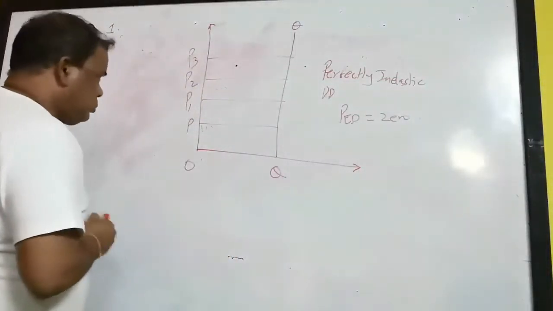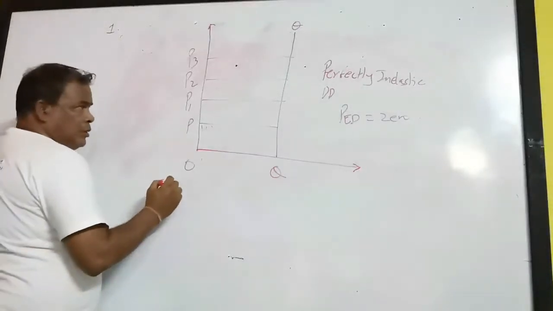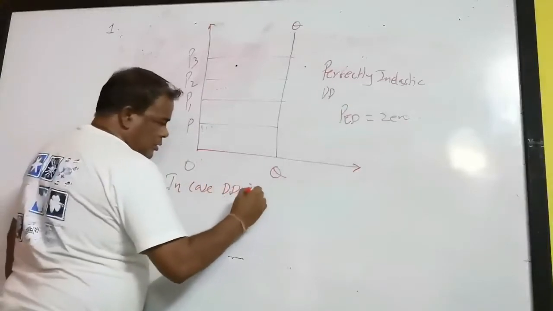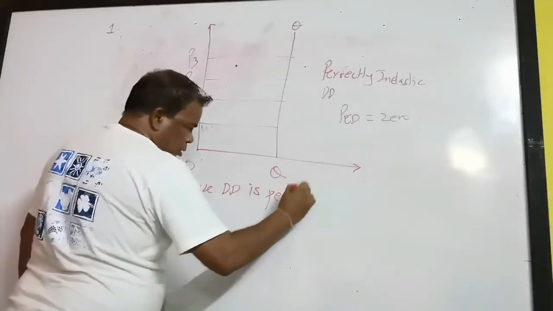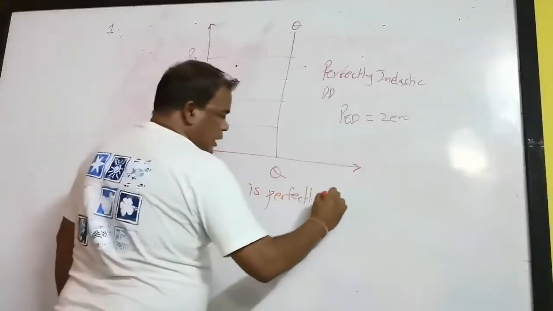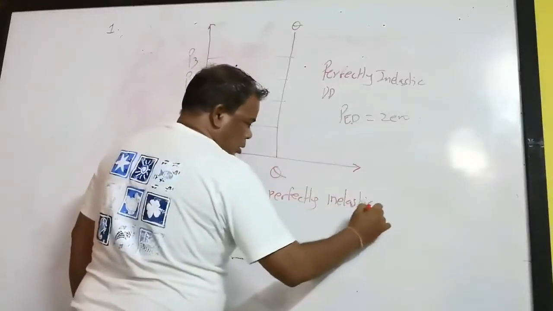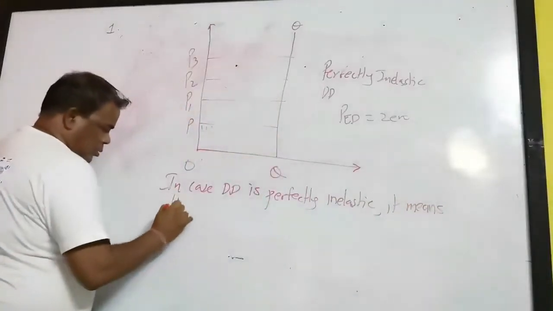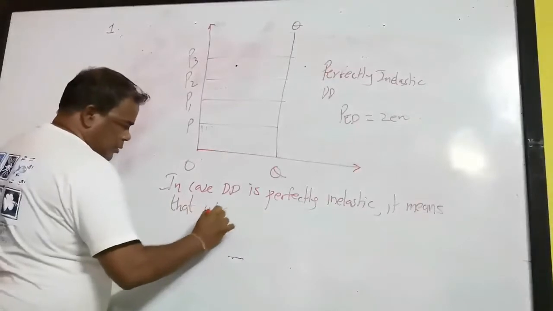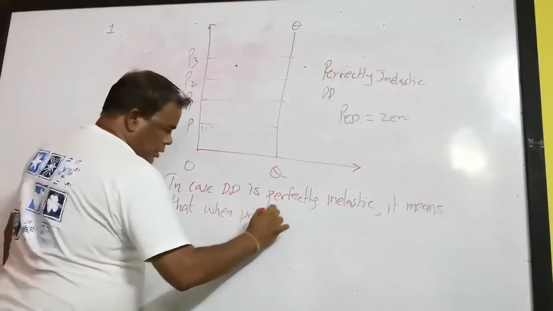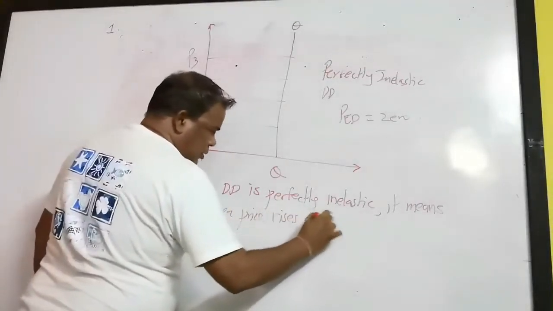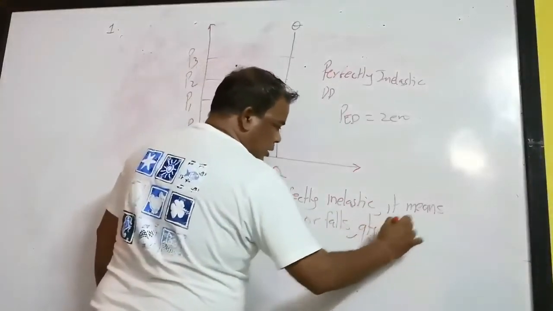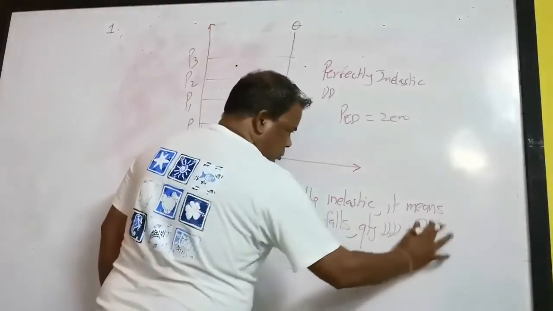Now, you can write it down. In case demand is perfectly inelastic, it means that when price rises or falls, quantity demanded will remain the same.